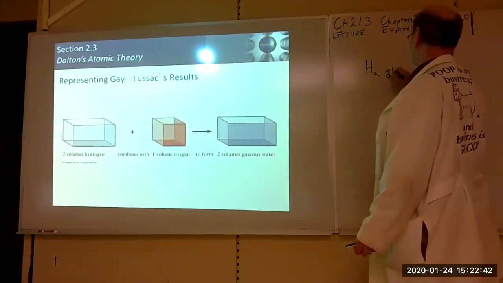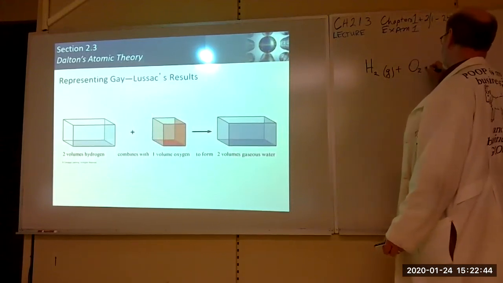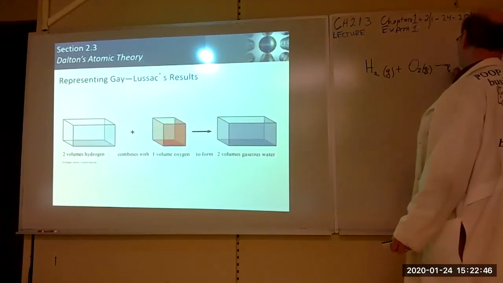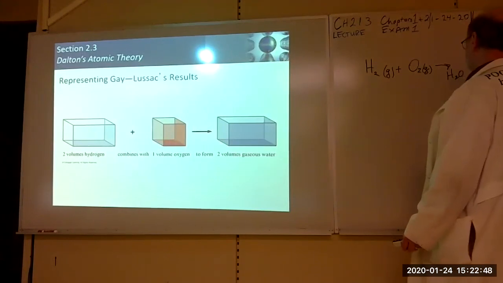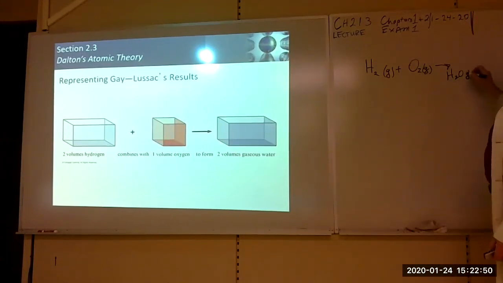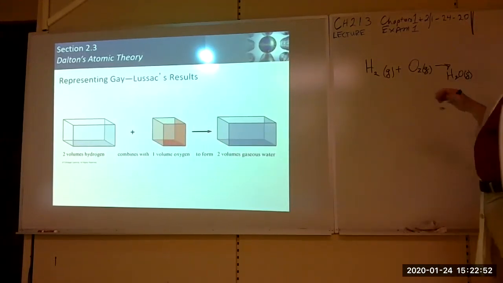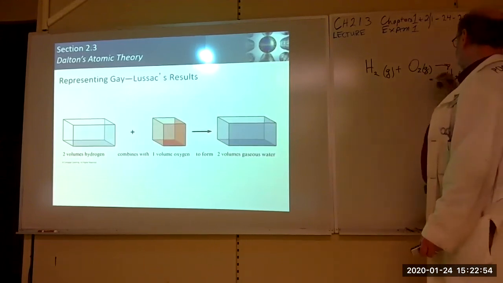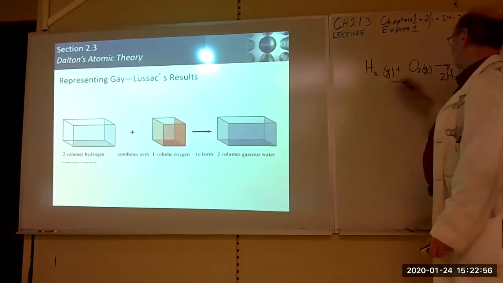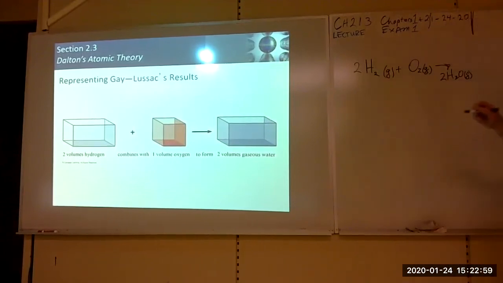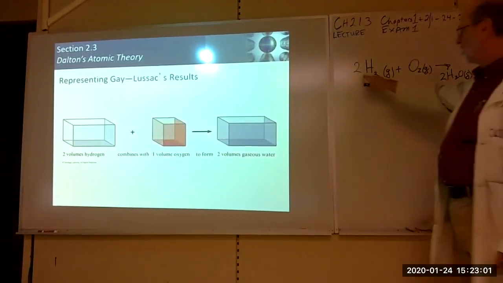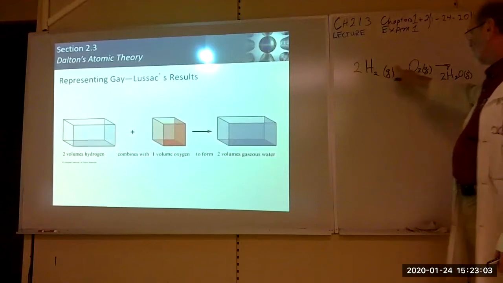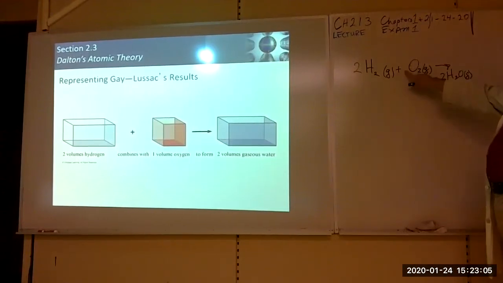Hydrogen gas plus oxygen gas yields water, and in this case, gas. So to balance this equation, I need 2 here and 2 here. So what does that say? 2 volumes of hydrogen, 1 volume of oxygen, 2 volumes of water.